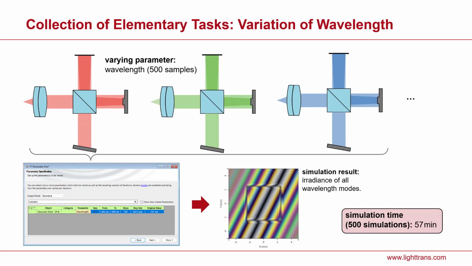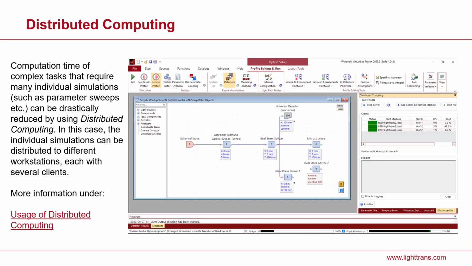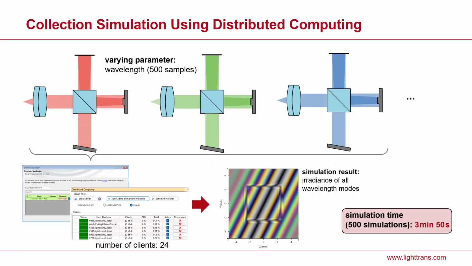Now, if we apply distributed computing here, the result is the same. The only thing we're doing is, instead of calculating all those 500 individual simulations on a single machine, making use of the multi-threading capabilities intrinsic to the software, we use a new distributed computing software package to distribute the elementary tasks among different machines in a network.